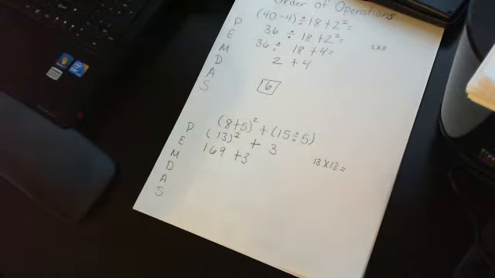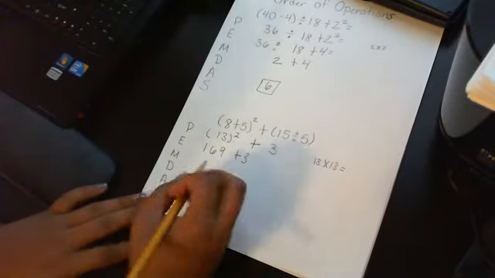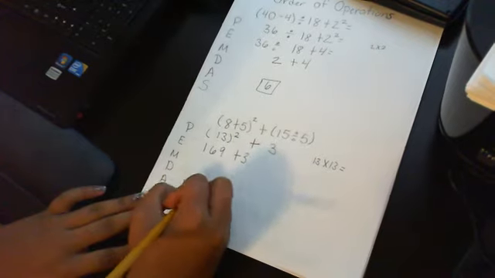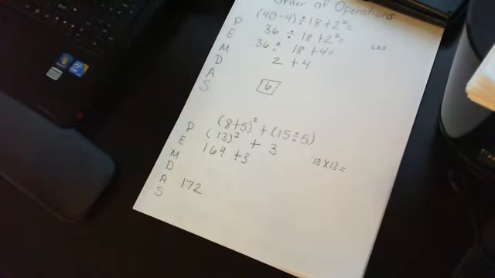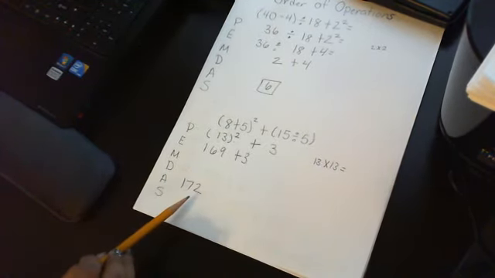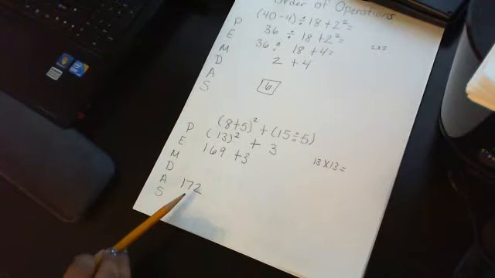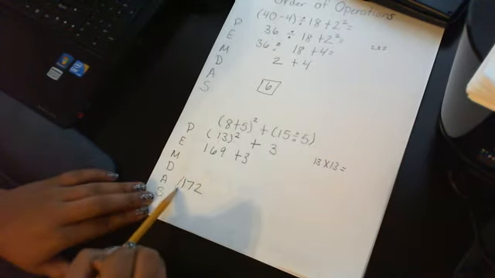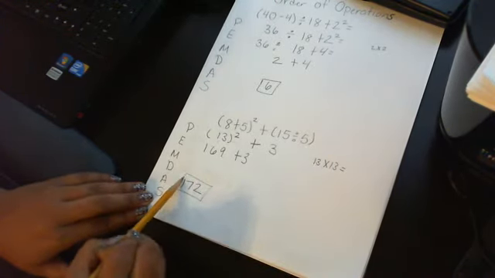So, 169 plus 3 is 172. Now, just to make sure we cover all the procedures of order of operations, I have to ask myself, is there anything that needs to be subtracted? And the answer is no. So our answer is 172, and we box that.